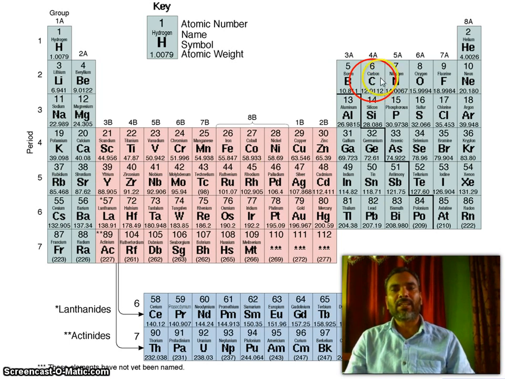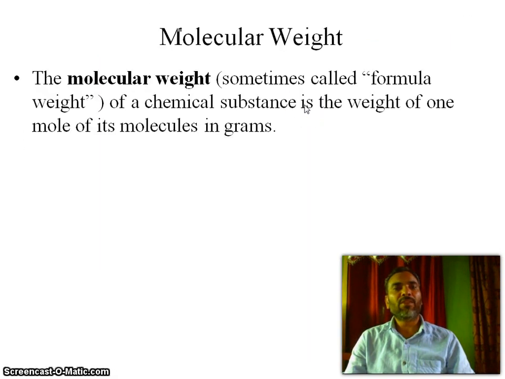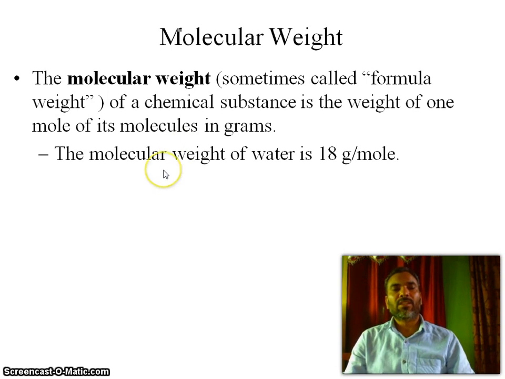Look here. This is carbon, this is the symbol of carbon, this is the atomic number, and this is the mass number. Molecular weight: the molecular weight, sometimes called formula weight, of a chemical substance is the weight of 1 mole of its molecules in grams. The molecular weight of water is 18 gram per mole.